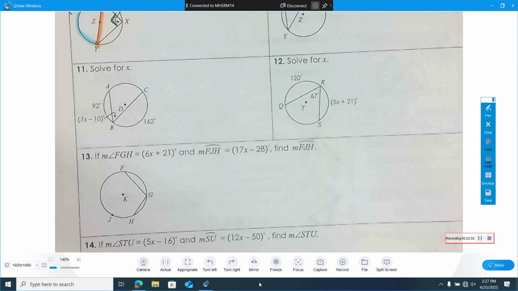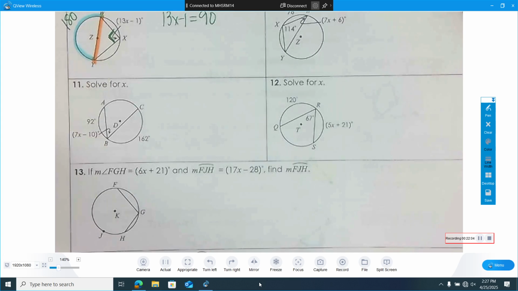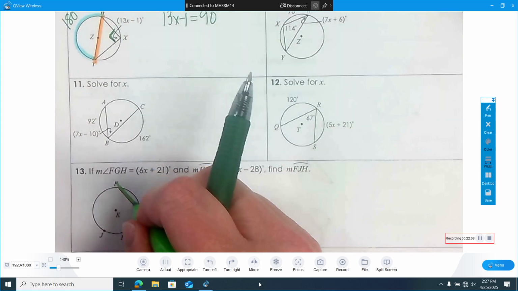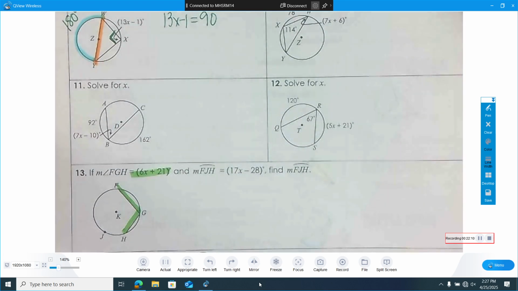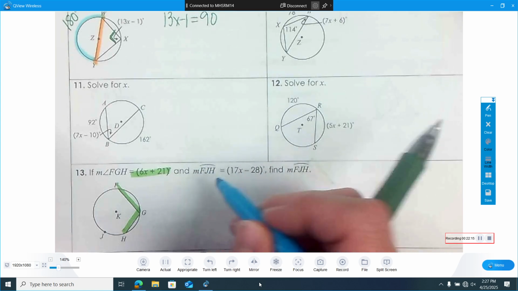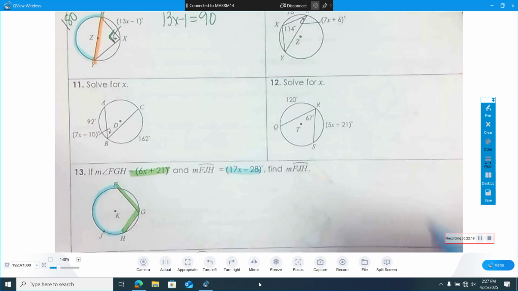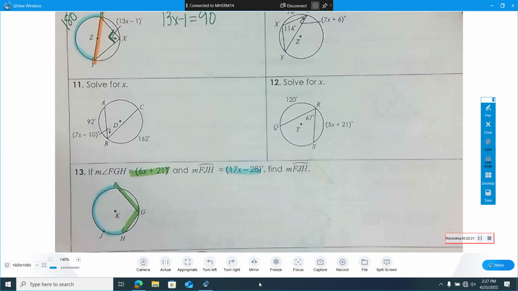All right, number 13. Angle FGH is 6x plus 21, and the measure of major arc FJH is 17x minus 28.